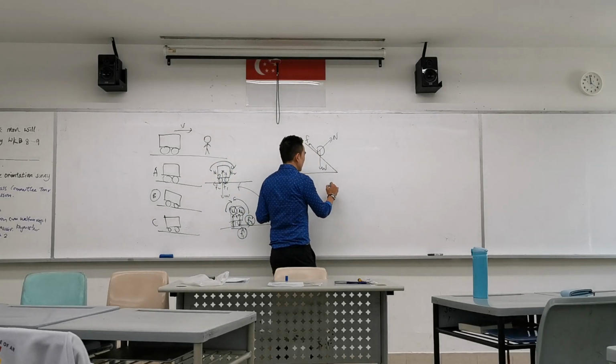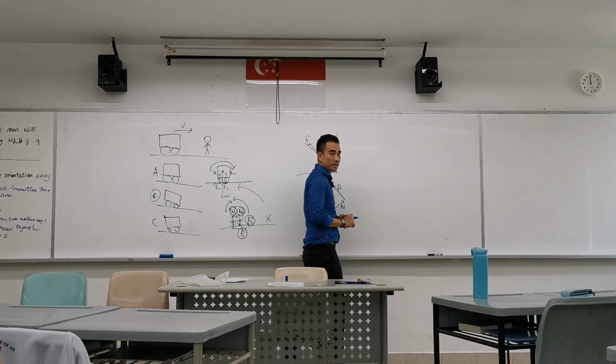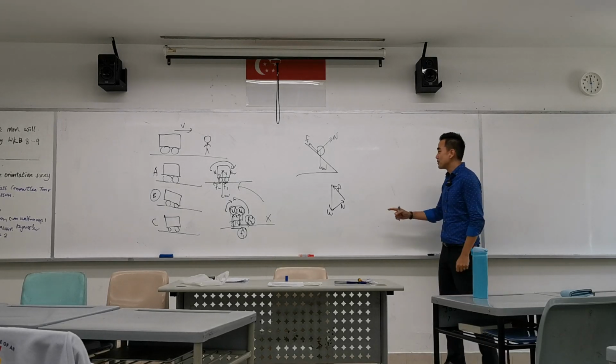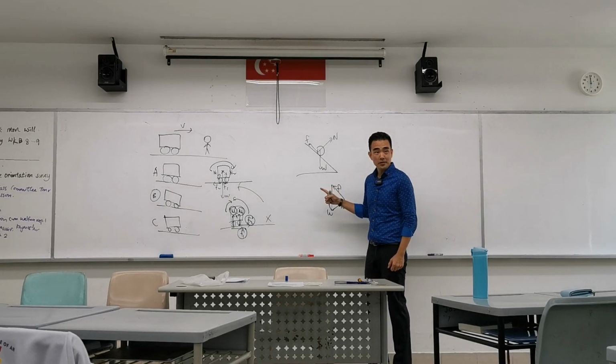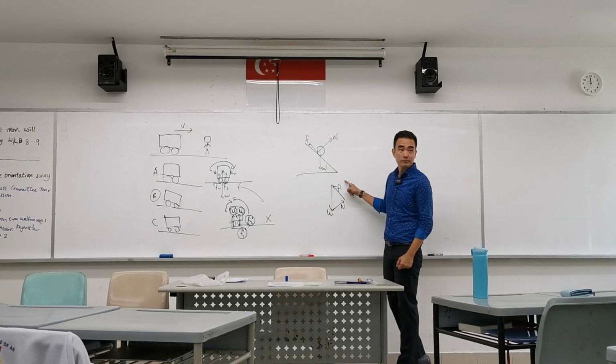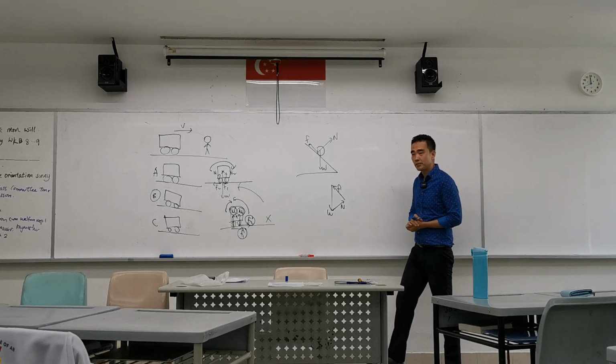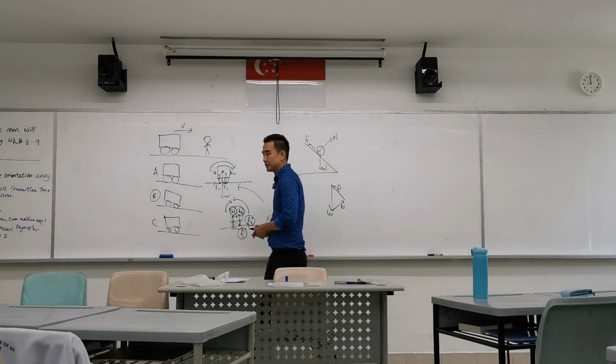Since it is in equilibrium, you get something like this. The three forces must form a closed loop, and they must be pointing in the same direction. Just a quick check, everyone okay? This is the diagram you should have.